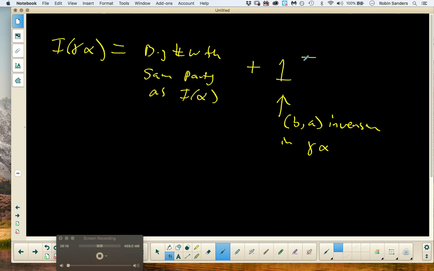And so this guy has opposite parity from the permutation alpha.